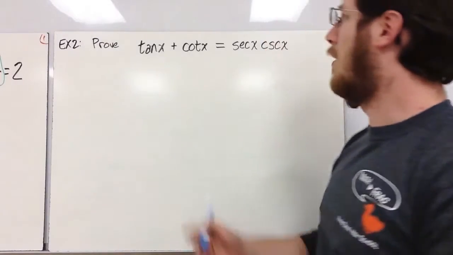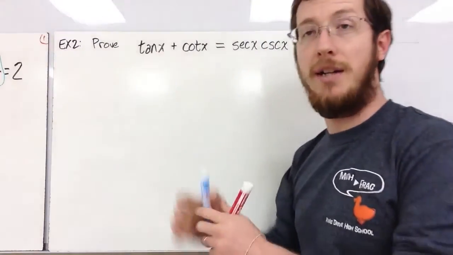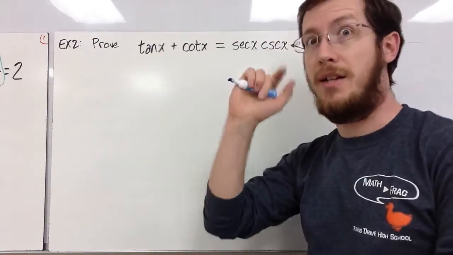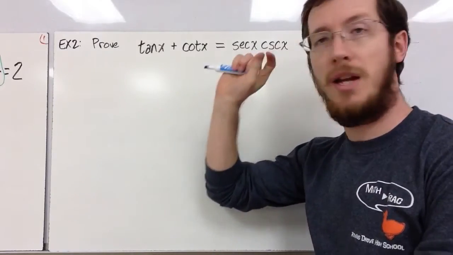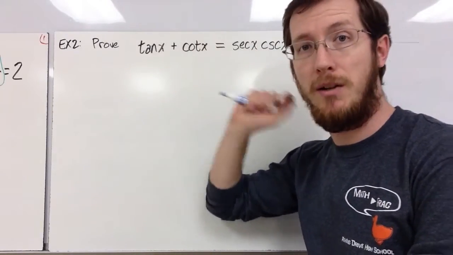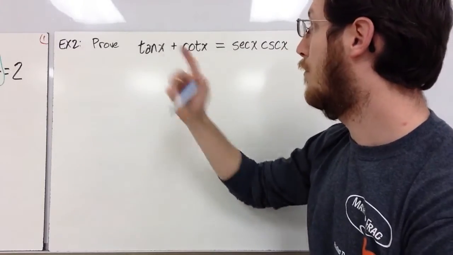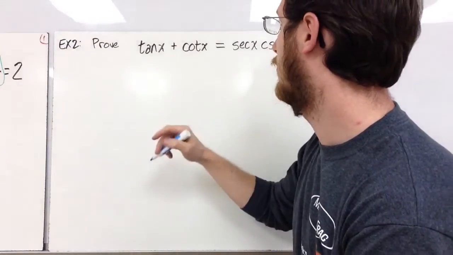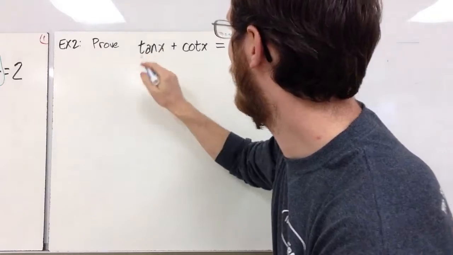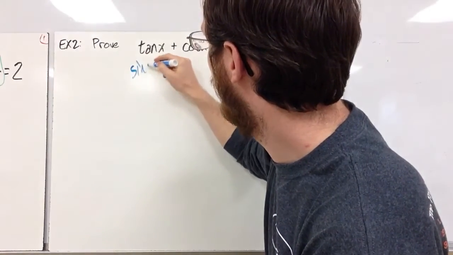From our quotient identities, and those identities are so important, you want to be able to just spit them out like you would a multiplication table problem. Tangent of x is sine over cosine.